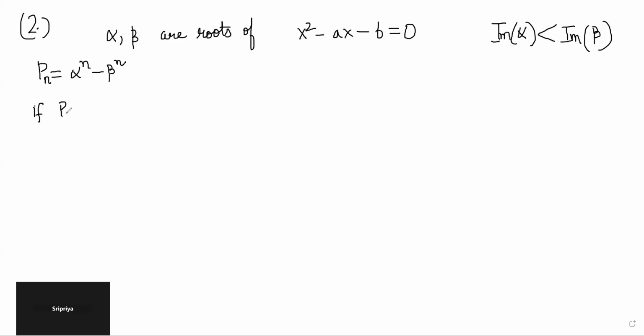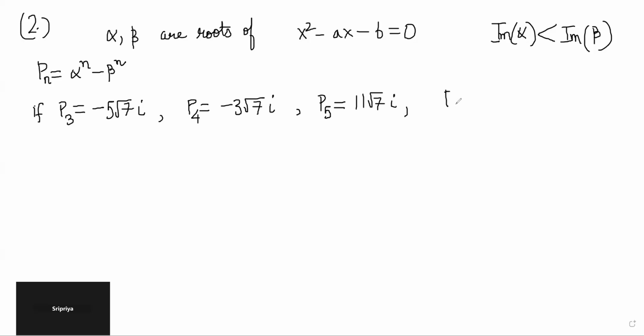If P3 is equal to minus 5 root 7i, P4 is equal to minus 3 root 7i, P5 is 11 root 7i, and P6 is equal to 45 root 7i, you have to find out mod of alpha power 4 plus beta power 4.